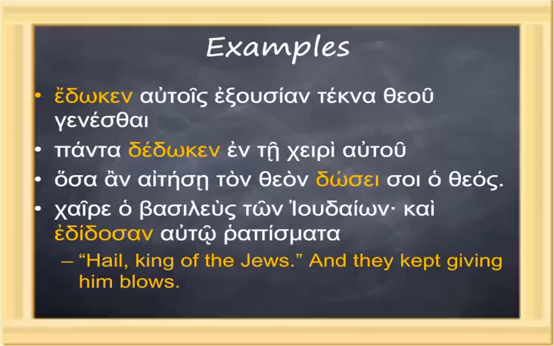And the last example: Chaire ho basileus ton Ioudaion, kai edidosan auto rapismata. Edidosan, notice the did means a present stem, but with an epsilon on the front, therefore it must be imperfect. Hail, King of the Jews, the soldiers said. And they kept giving him blows, or perhaps they began to beat him, would be another way of translating this sentence. The form is imperfect.